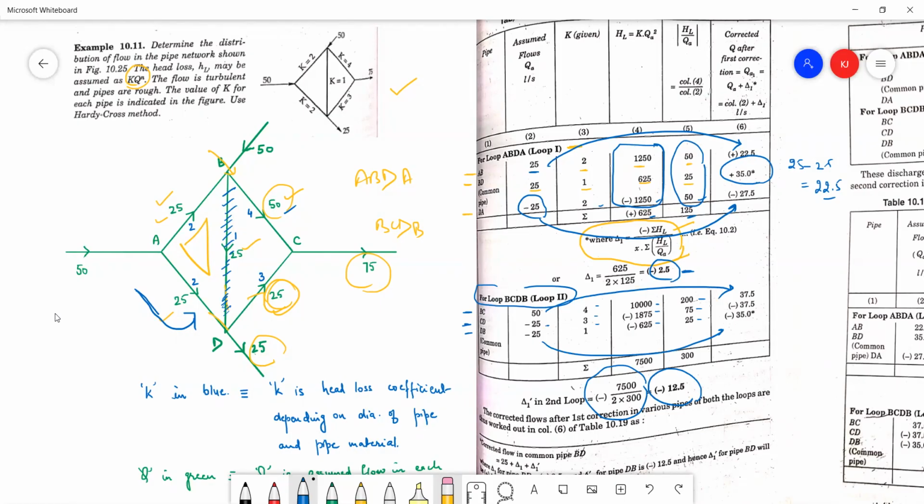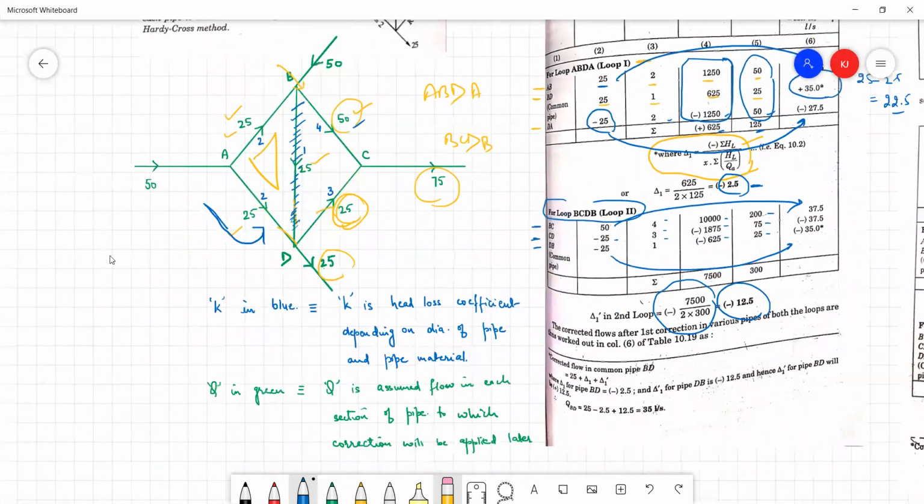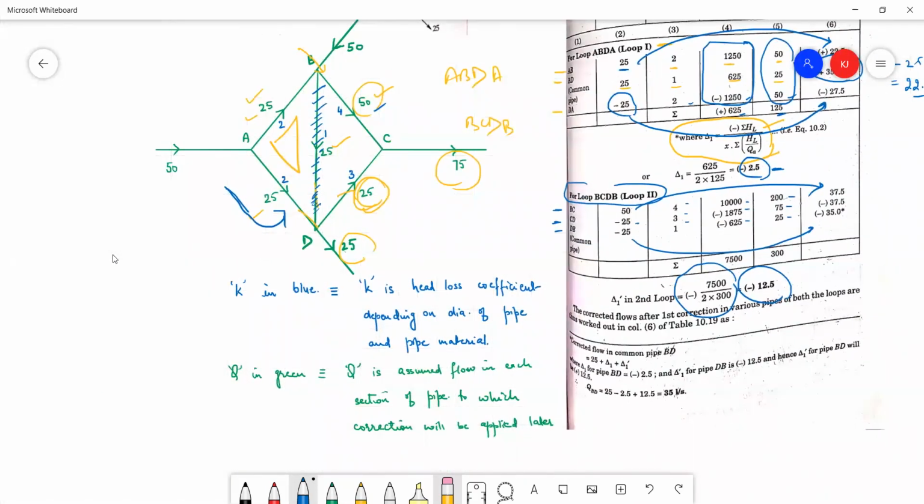Now look carefully, let me just draw it once. If this is the loop, and this is BD, and the flow in this BD is something like this, then when we are looking at the first loop, the flow, that 25, is in positive direction, right? So that's why we apply the correction as 25 minus 2.5.